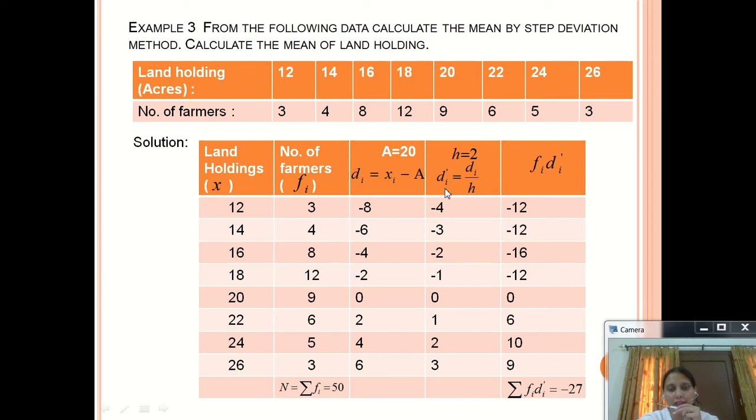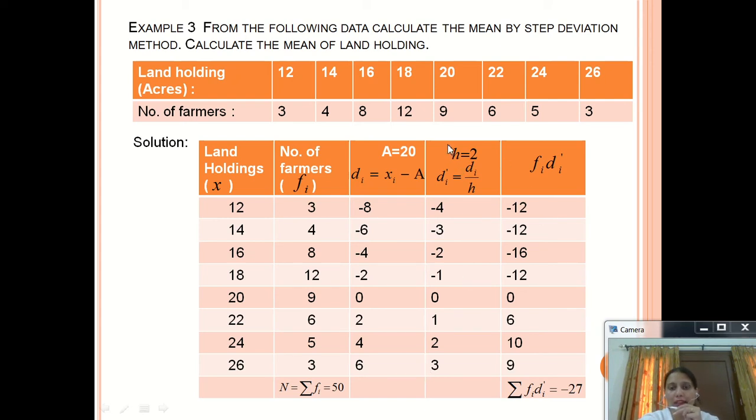Now di dash means xi minus a divided by h. That means we can also write it as di divided by h. So di dash is minus 8 divided by h, which is 2, that means minus 4. Minus 6 divided by 2 is minus 3, and so on.